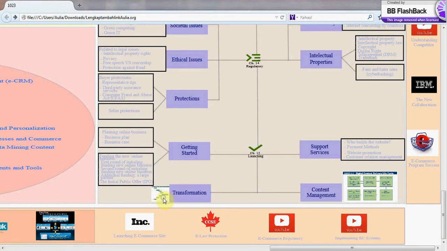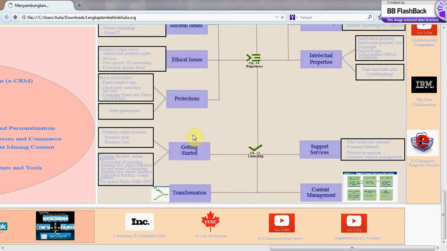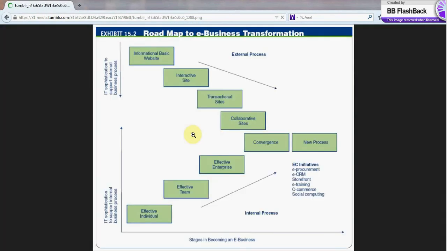And now let's check the transformation. So this is the roadmap to a business transformation. IT sophistication to support internal business process, and IT sophistication to support external business process.